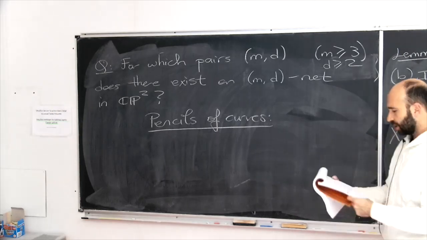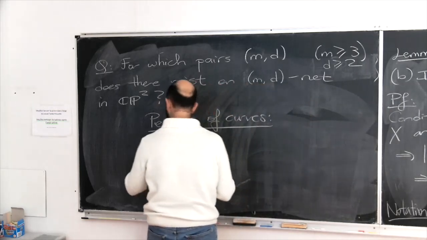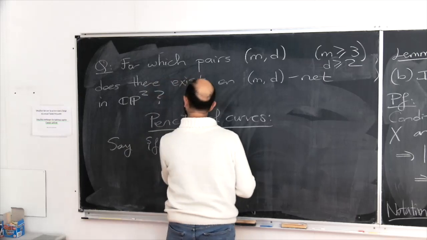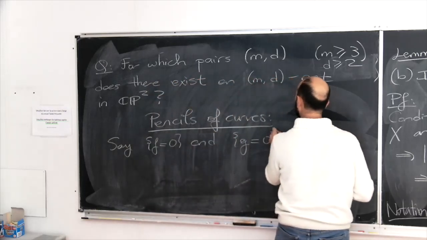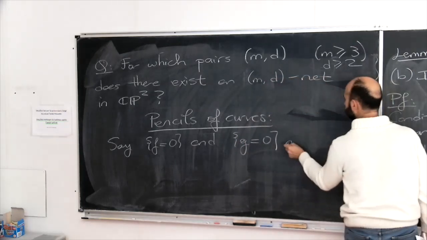So suppose in CP2 you take two algebraic curves, say f equals 0 and g equals 0, which are curves of the same degree d in CP2.